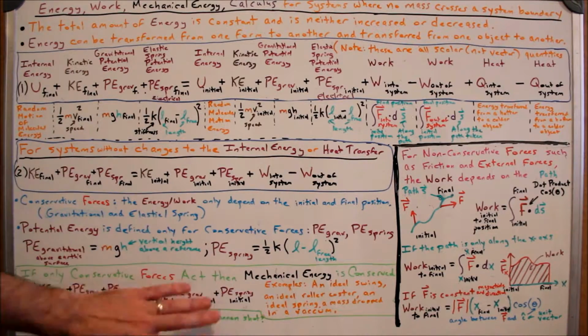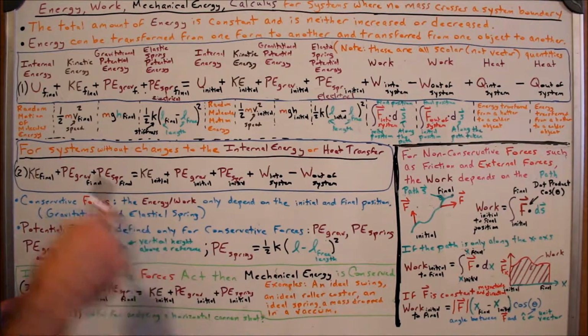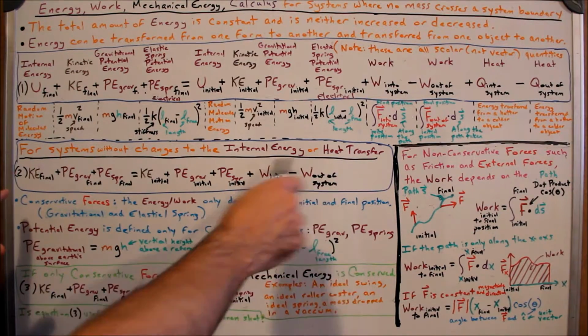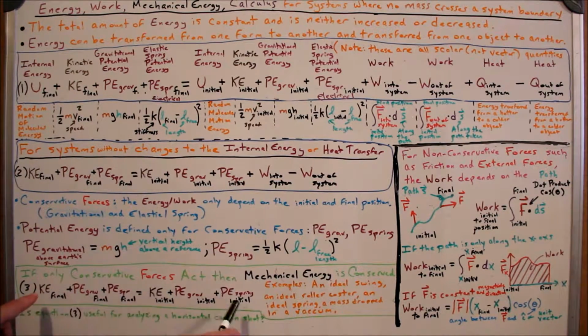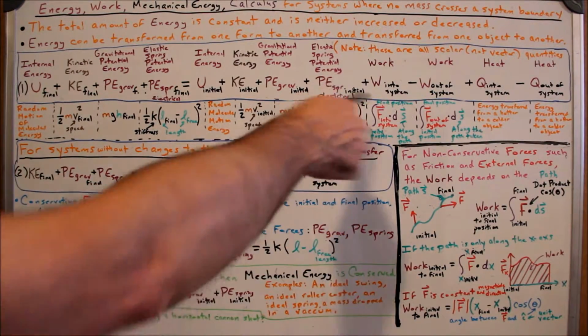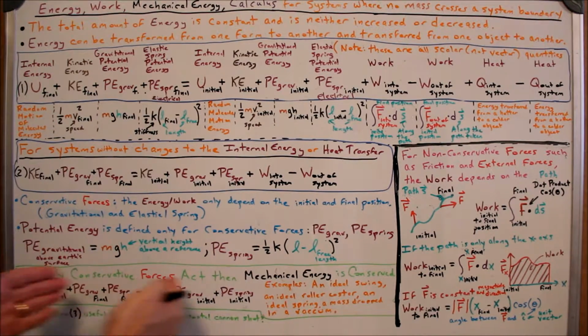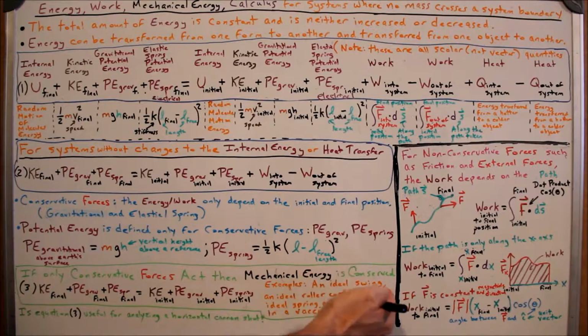If I just have conservative forces acting, then this equation simplifies and these terms go away to this form right here. So no heat went into or out of the system, no work went into or out of the system, and I had no change in internal energy, just the conservative forces; therefore mechanical energy is conserved.